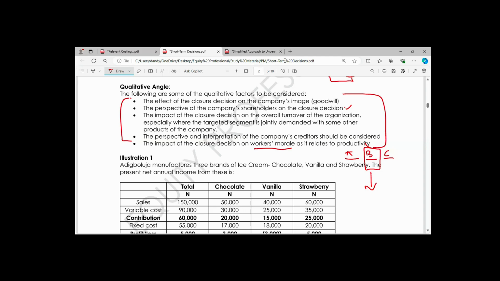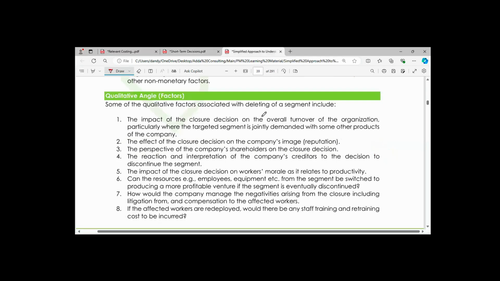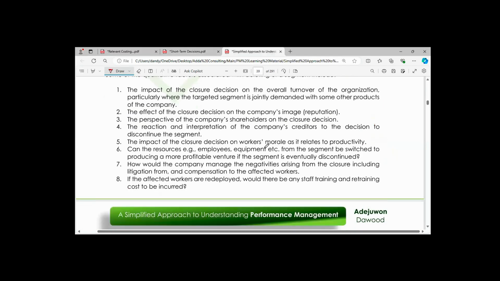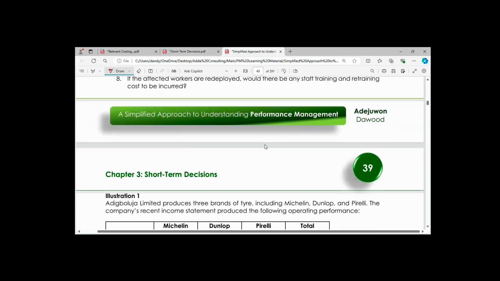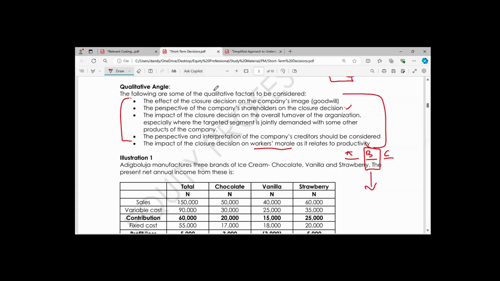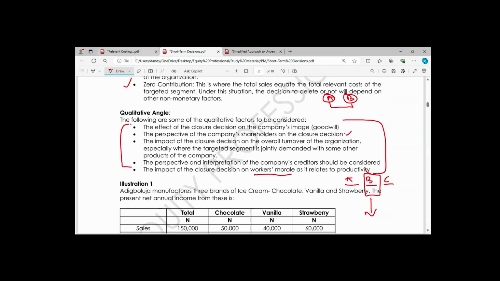So these are all the discussions around deleting of a segment. At this point, let's have an illustration to demonstrate all our discussions. Before we have the illustration, for the few minutes that we have outstanding, let me know if you have any question for me.